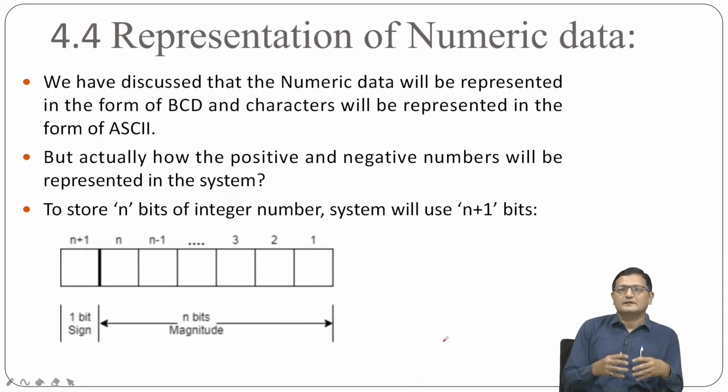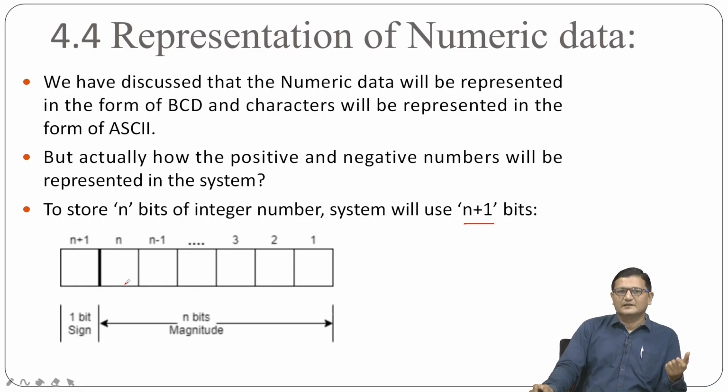Now the thing is how the numbers will be represented, right? Let's suppose you have some number. Then the number has to be stored in this way. Any number given to you will be stored in the form of n plus 1 bits. Now why n plus 1 bits?